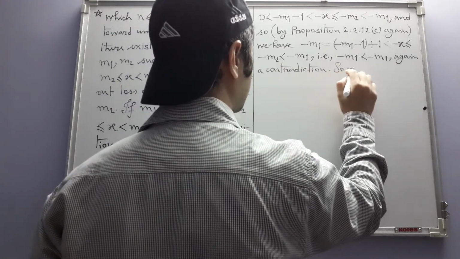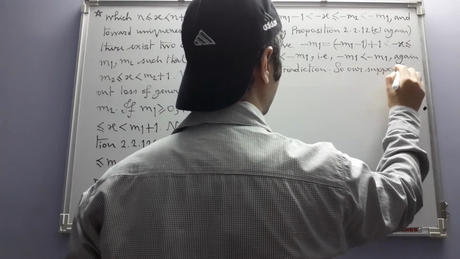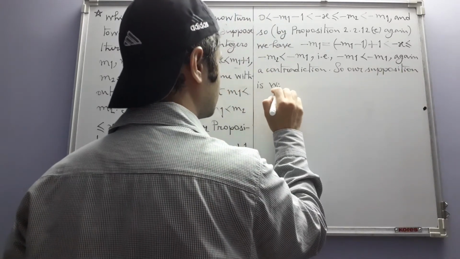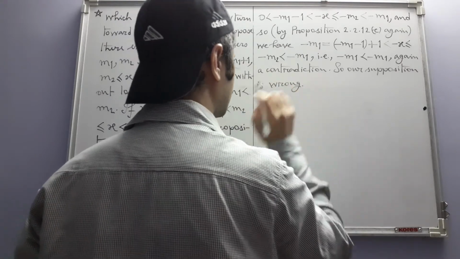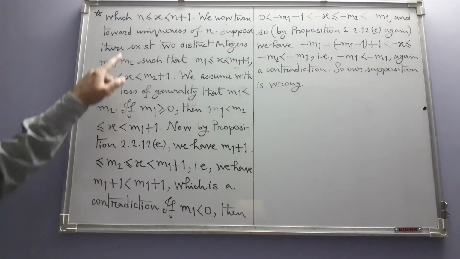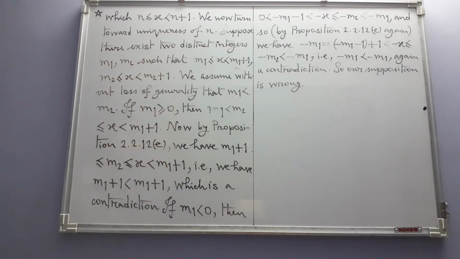So our supposition is wrong. That is, for a given x we cannot have two such integers. Since we have already proved that there is at least one such n, it now is unique.